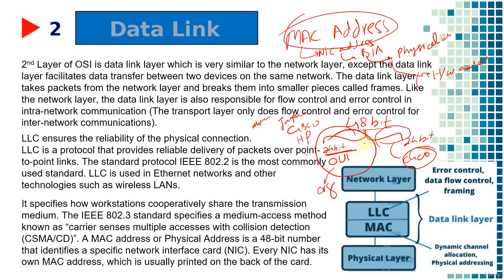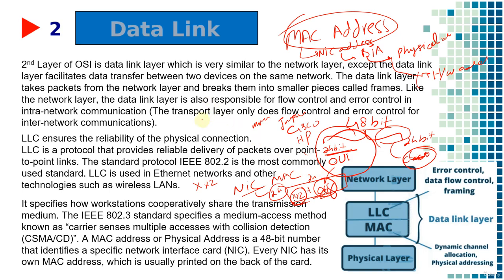For example, if you are going to manufacture a NIC card that comes with a MAC address, and your organization name is XYZ, the first 24 bits are denoted to your organizationally unique identifier, plus 24 bits you randomly assign for your NIC card. So when the client installs this NIC card, they will have a unique MAC address. That is the whole idea of having a MAC address.